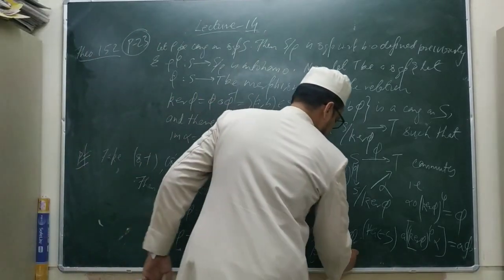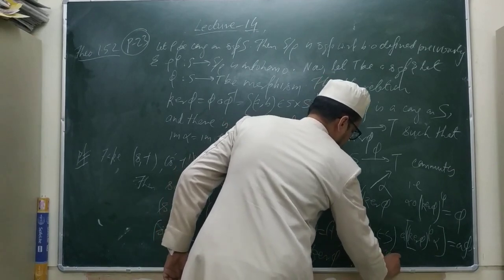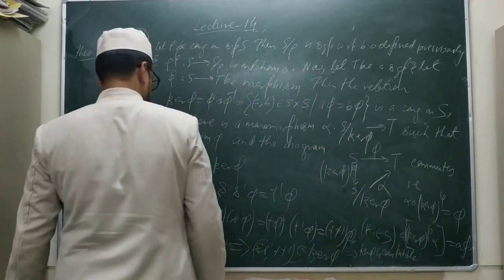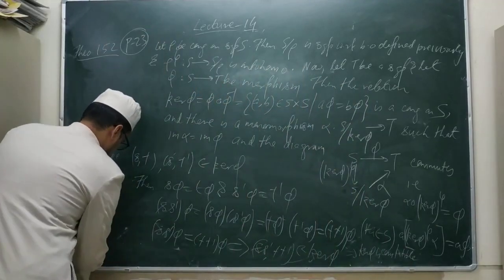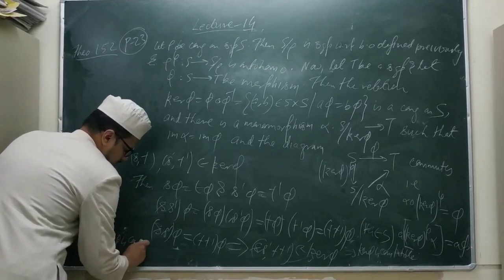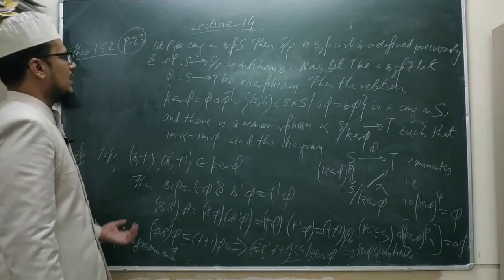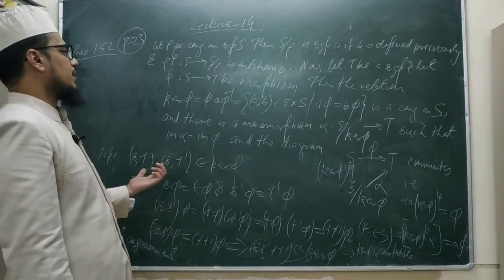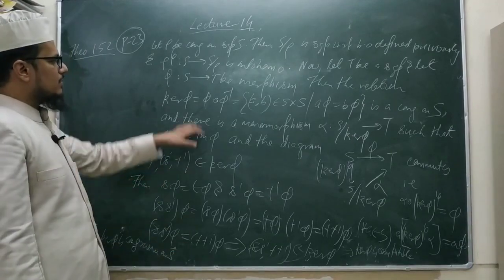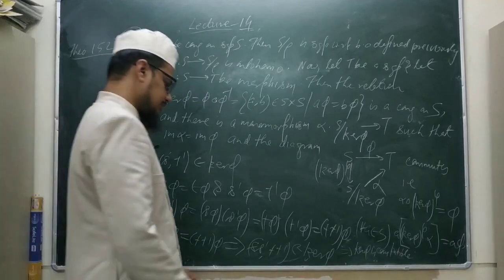You can write it implies that kernel φ is compatible. So kernel φ is a congruence on S. So we have proved that kernel φ is a congruence relation on semigroup S. So remember that kernel φ is a congruence relation on a semigroup S. Correct?